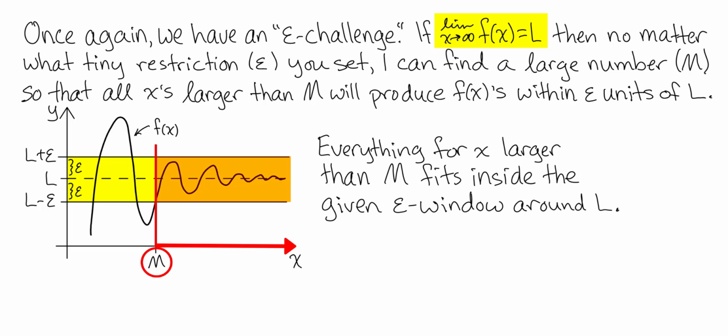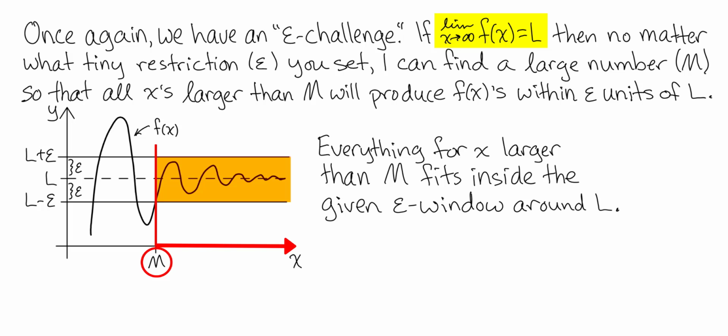This is similar to what we did with the limit of a sequence at the end of the previous notes. See, everything for x larger than m has to fit inside the given epsilon window around the limit L. So for every epsilon, no matter how small it is, we can find some value m such that for every x greater than m, the y values will be trapped within that error boundary. We will be within the allowed error.